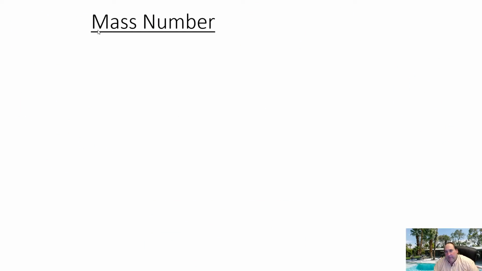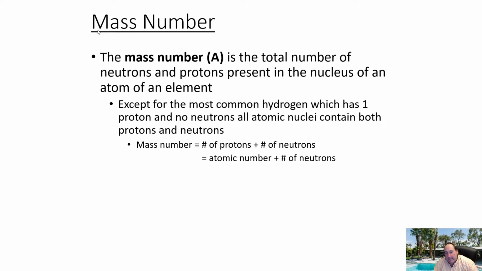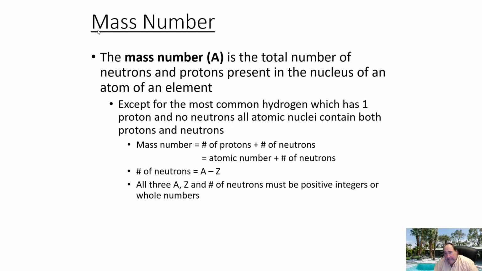Let's talk about the next important number, which is mass number. The mass number is the actual number of protons and neutrons that you find in an atom. So we have our mass number, which is sometimes abbreviated with an A, which is our number of protons and our number of neutrons.